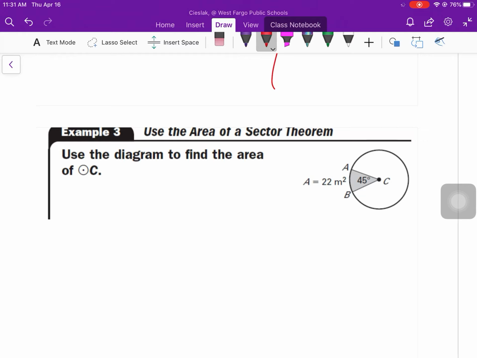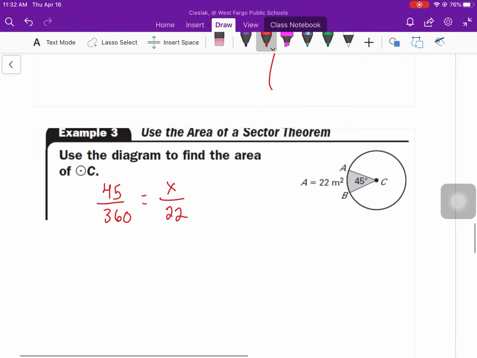Example 3 says use the diagram to find the area of C. So I'm going to go part to whole. 45 over 360, part to whole, x over the area of the whole thing. Oh, no. That 22 is the shaded area right here.